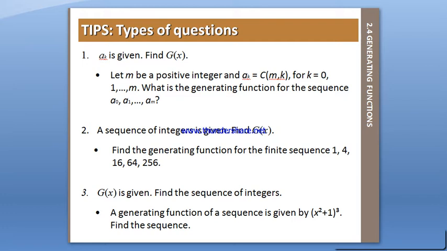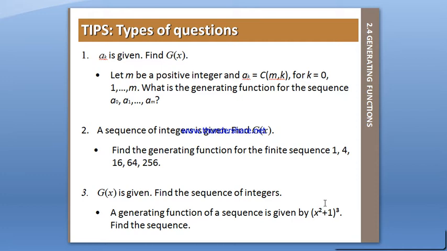Sometimes the problem will be with a given g(x) and we need to find the sequence of integers. For example, suppose the generating function of the sequence is given by (x squared plus 1) power 8. The problem is to find the sequence.